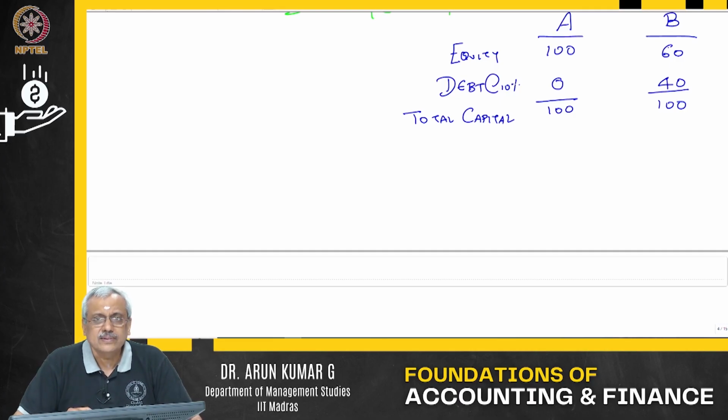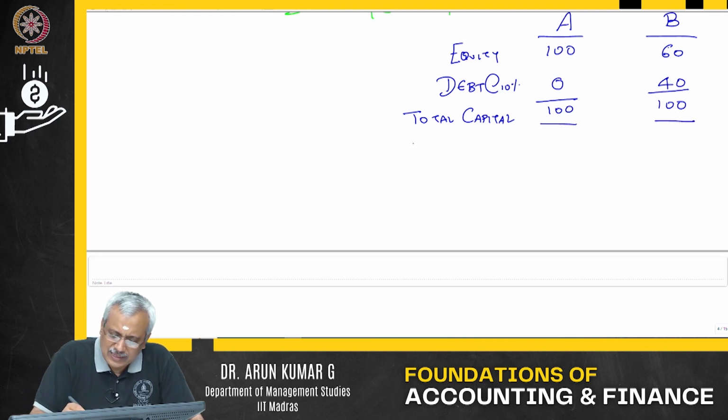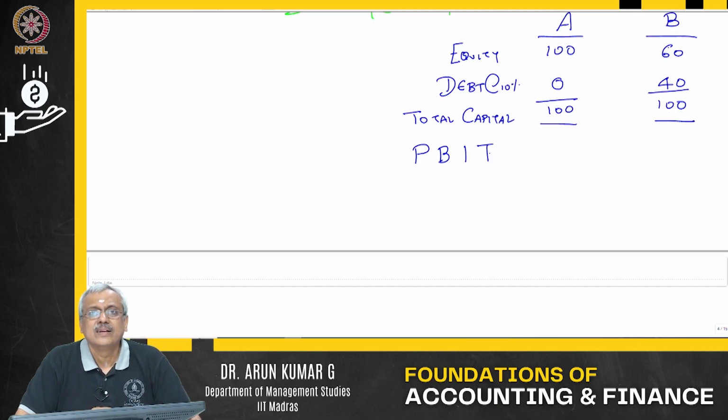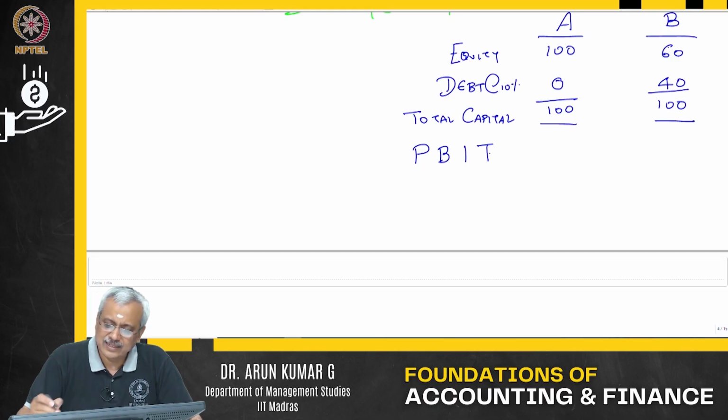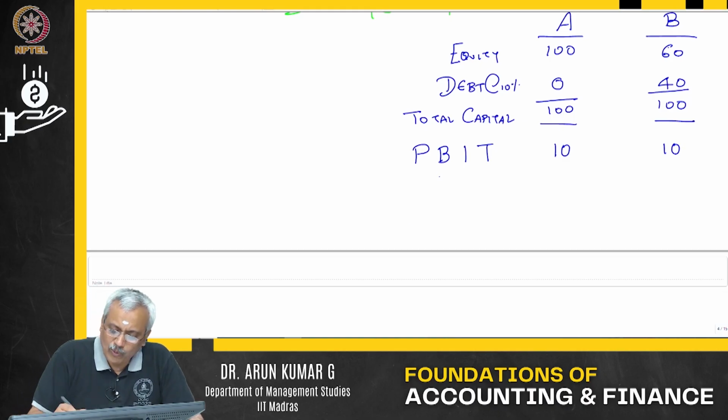Now, let us look at the company makes a profit before interest and tax of about, let us say, $10. Now what happens?